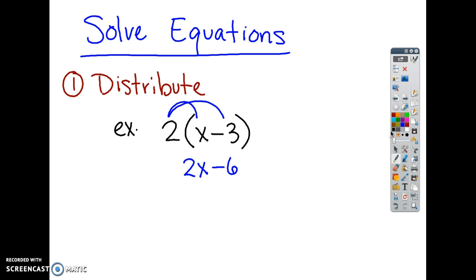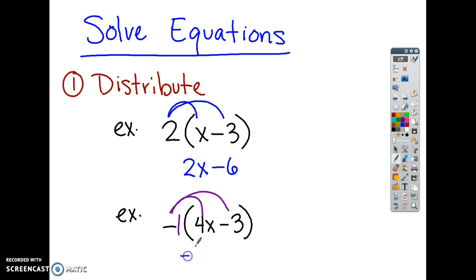If you have one with just a negative on the outside, then you only have to distribute that negative, which really means it's a negative 1 here and here. So negative 1 times 4x is negative 4x, and negative 1 times negative 3 is a positive 3. So that's what you do with distribute.